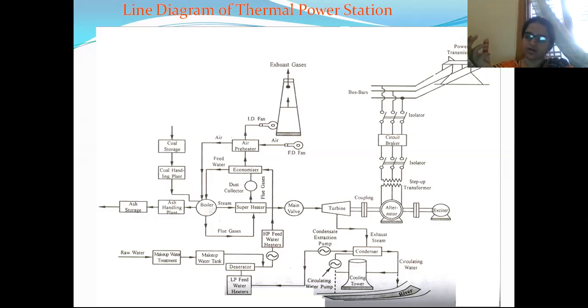Whenever the temperature of the steam reduces, it turns into water, and obviously this will be pure water. Why? Because this is exhaust steam coming out from the turbine, and the whole initial water treatment has already been done for this water.